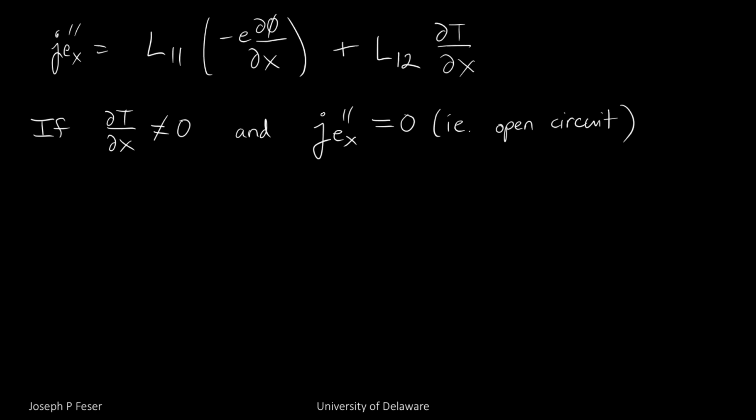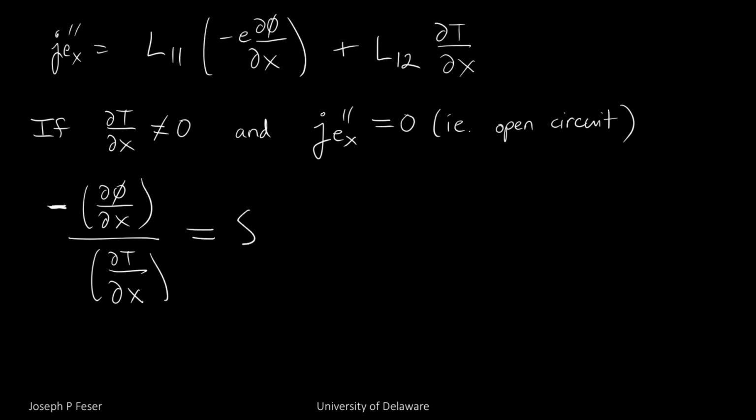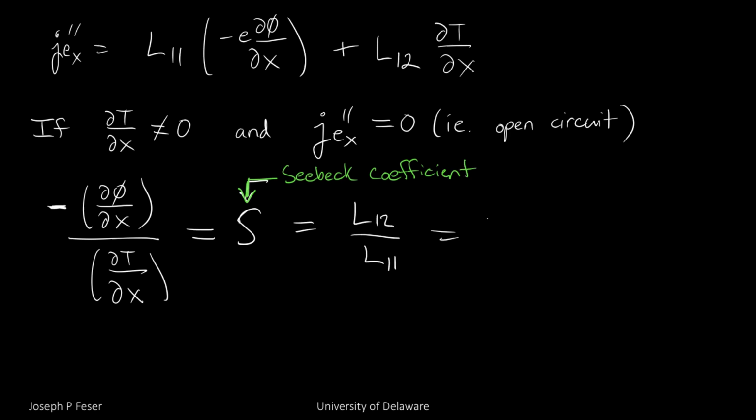It is possible for me to do that because the net charge flux can be balanced by this other term that involves L11. If I take the ratio of the electrochemical flux divided by the temperature gradient, I'll find that it yields a value of L12 divided by L11, which is non-zero.